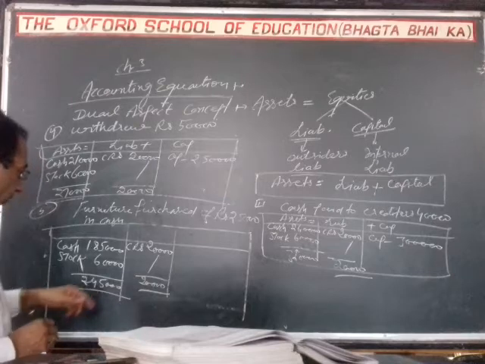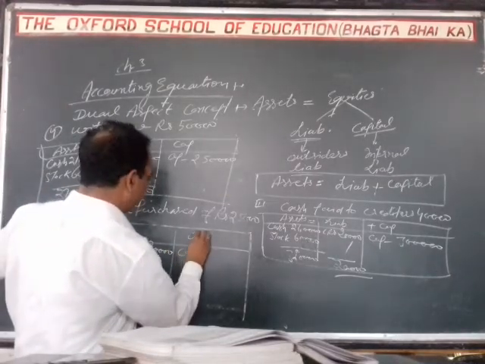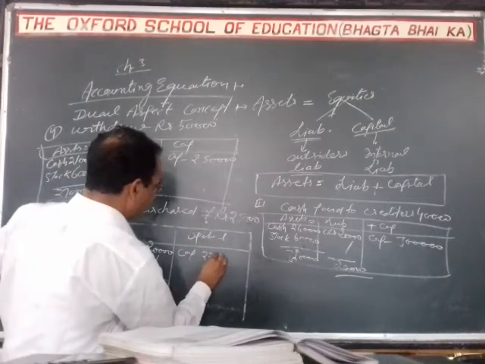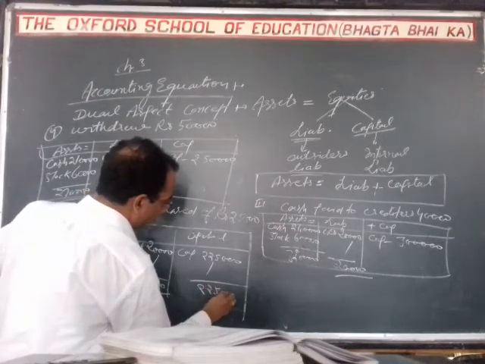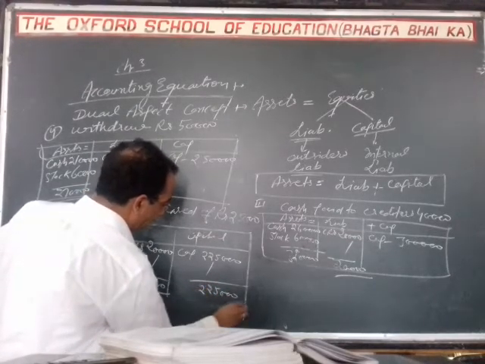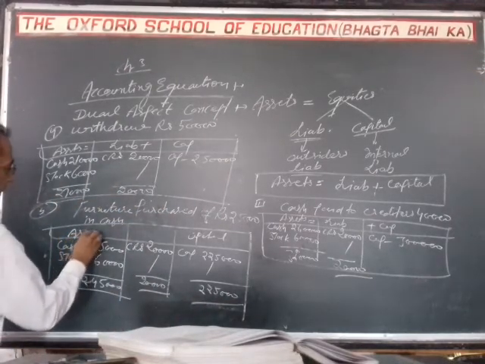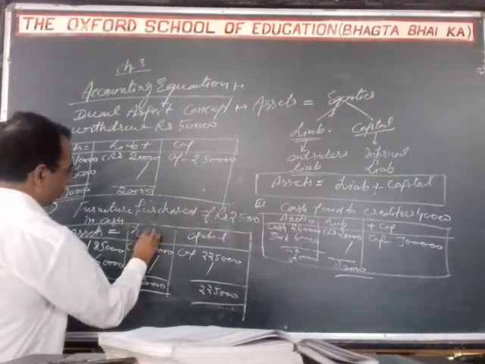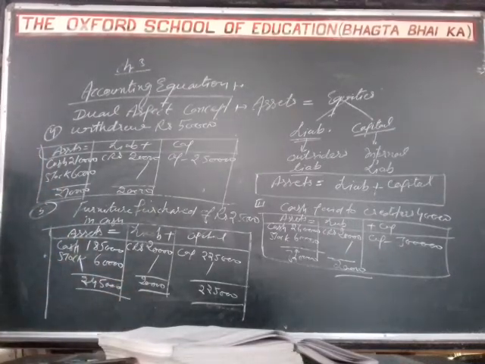So 2,45,000 minus 20,000, we have the capital, 2,25,000. How do we calculate the capital? The amount of liability will be minus from the total of assets. The total of assets is 2,45,000 and liability is 20,000. So liability 20,000 will be minus from 2,45,000 and the result will be 2,25,000.